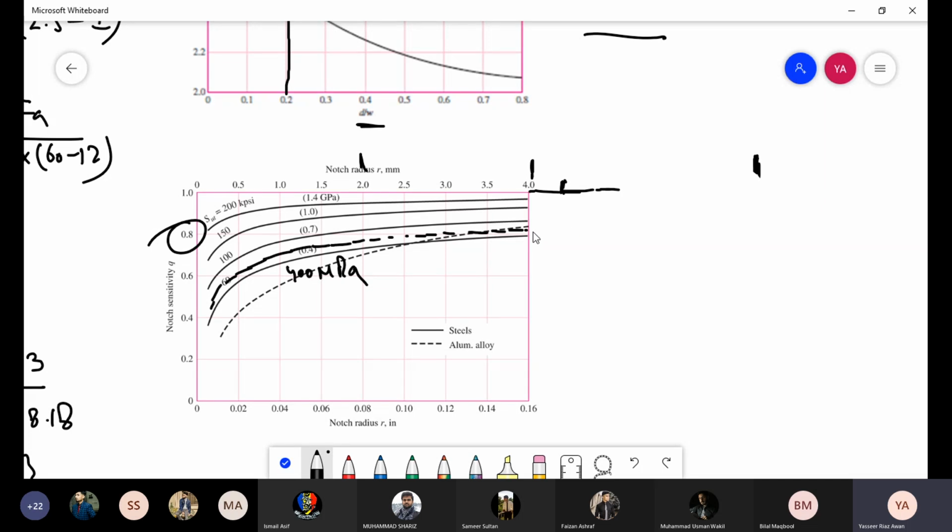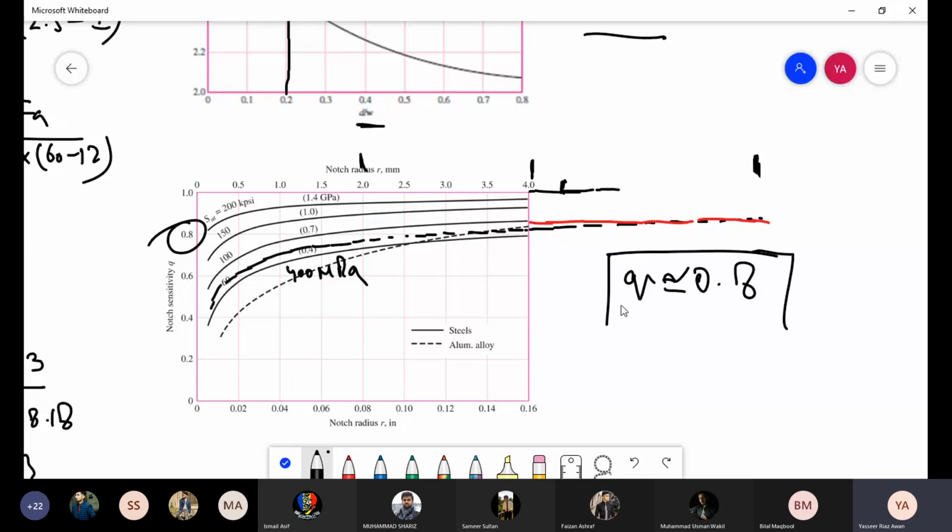Okay? And then if you extend this, somewhere like this, you can see that it would be closer to this line. So a q value of 0.78 or 0.8 or 0.82, these are all okay for this case.